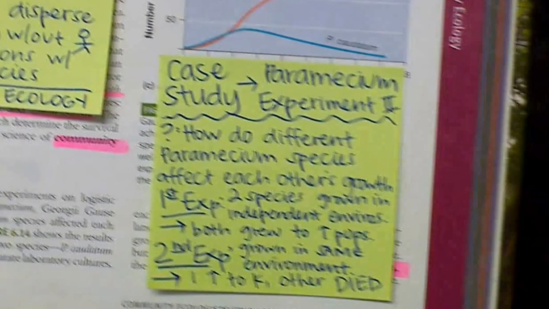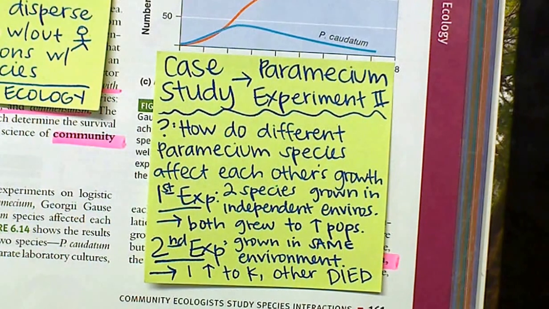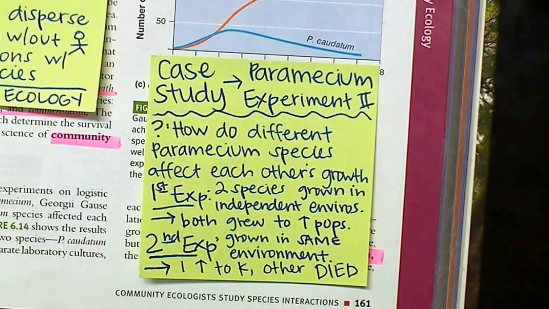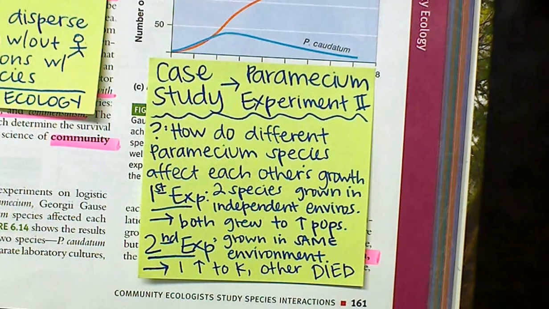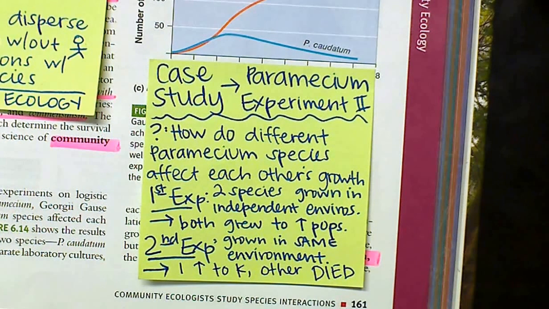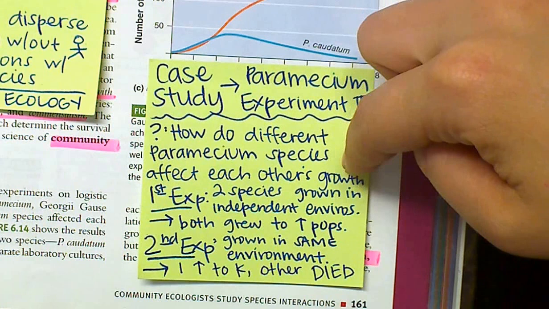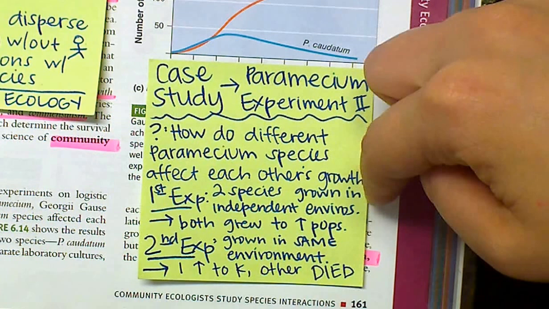All right, now first we're going to study something called competition. If you remember the paramecium experiment from the last lesson, the same scientist actually did another paramecium experiment, and his second question was, how do different paramecium species affect each other's growth? So this was an experiment in competition.